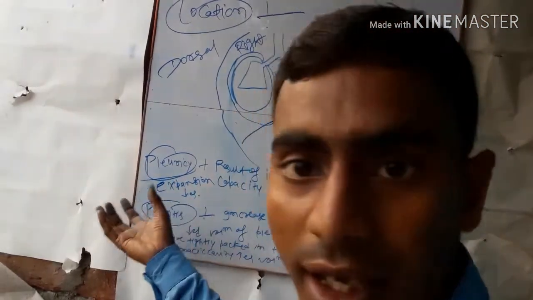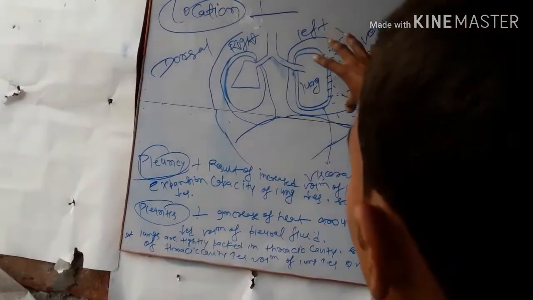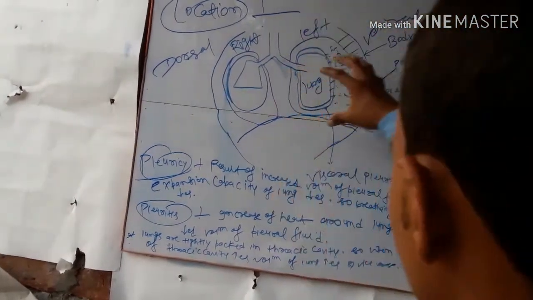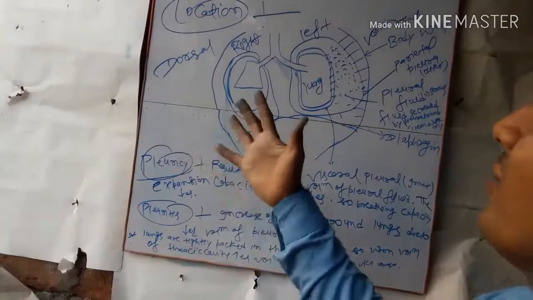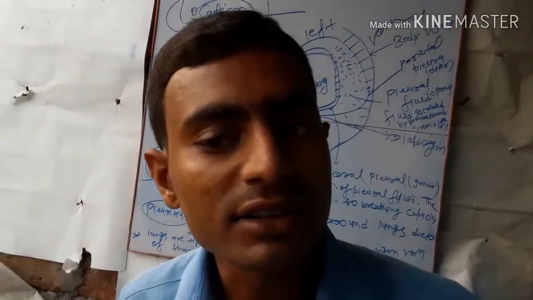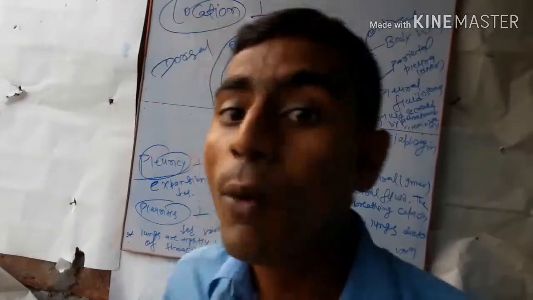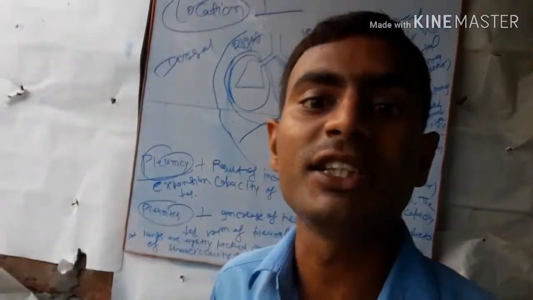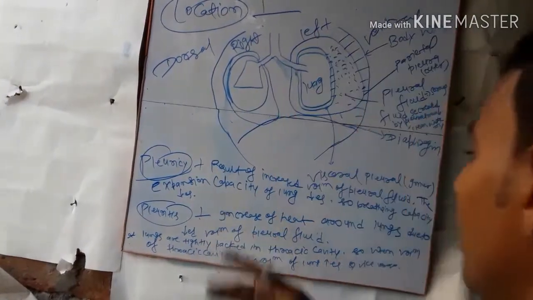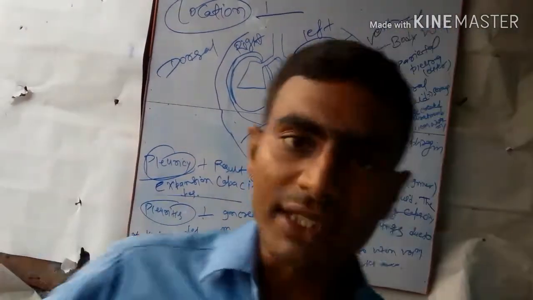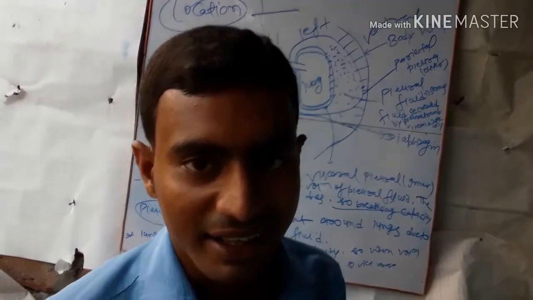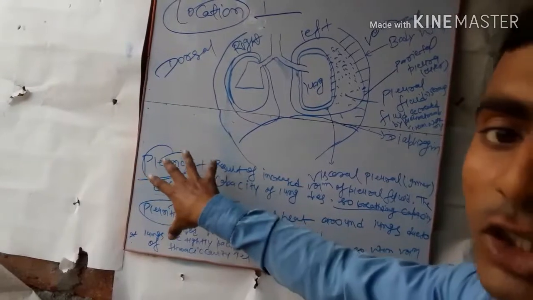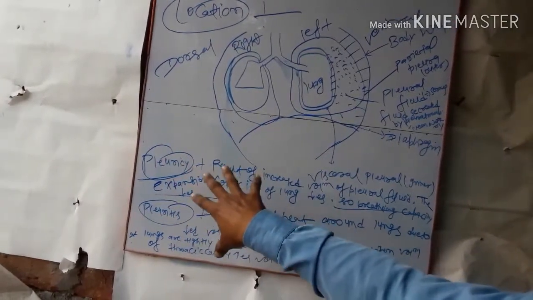When pleural fluid increases, the expansion capacity of the lungs decreases. Then what happens? Breathing capacity decreases.